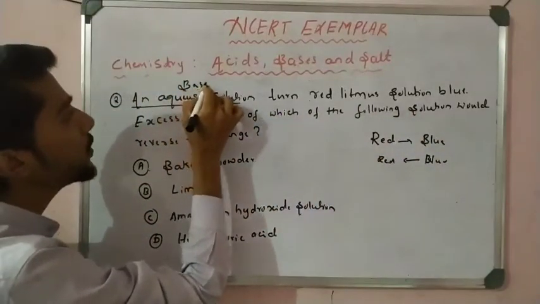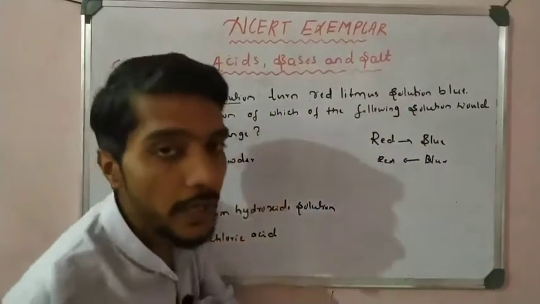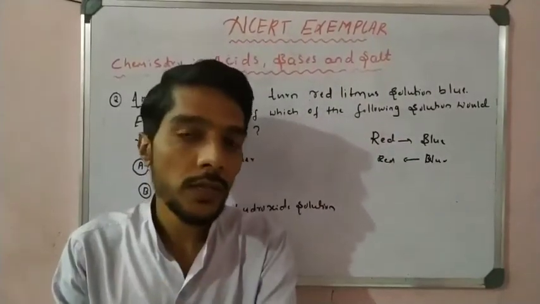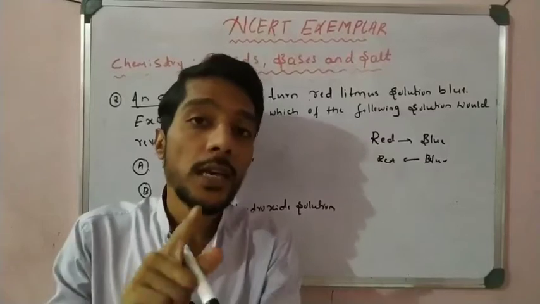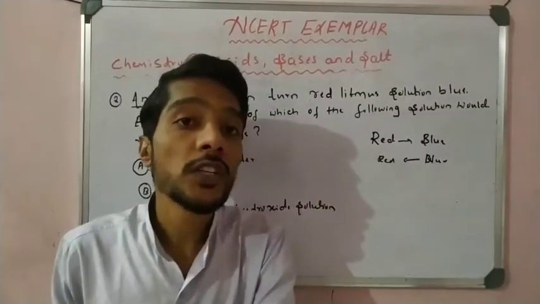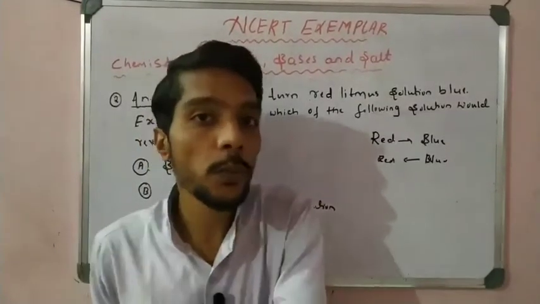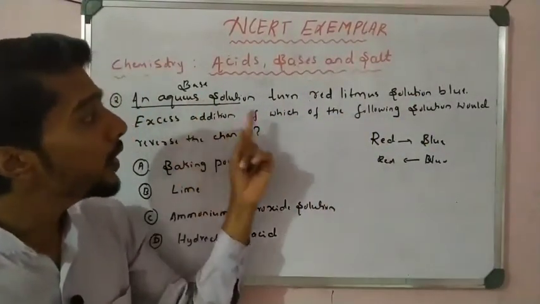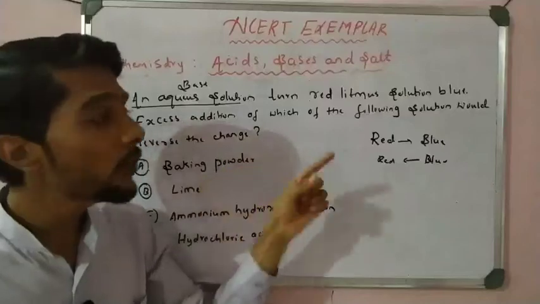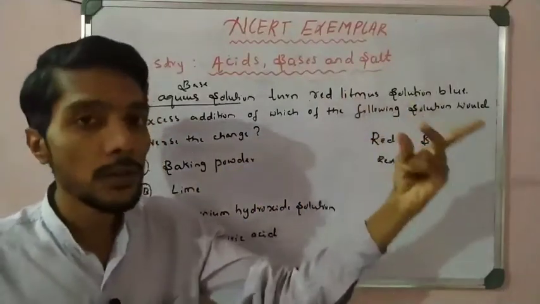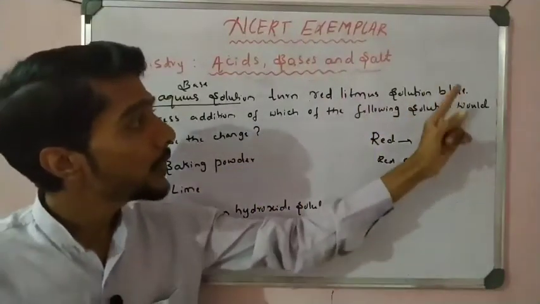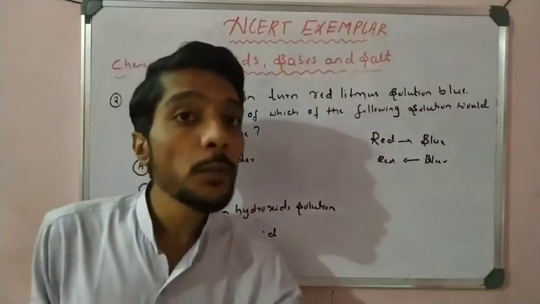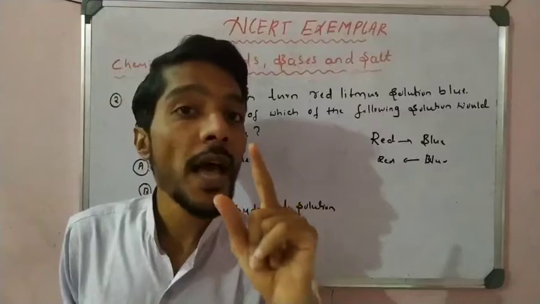We know that a base is a substance which gives OH minus ions, and a base is a substance which turns red litmus paper to blue. Now we are adding a solution to make this result reverse, meaning we have to turn that blue to red again. If the litmus paper turns blue to red, the solution must be acid.